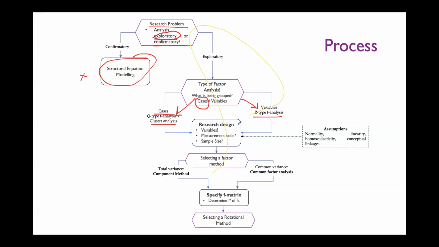Now, when these two come together, then that helps you to define your research design by variable, scale and sample size, जिसके बारे में हम already बात कर चुके हैं, variables के बारे में और scale के बारे में. Sample size factor analysis के लिए minimum sample size होना चाहिए 50 का. But this is the bare minimum, और 50 पे भी कोई सॉफ्टवेयर आपको एनालिसिस में हेल्प नहीं करेगा.